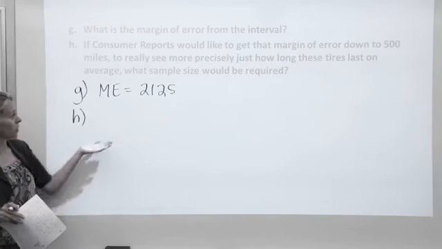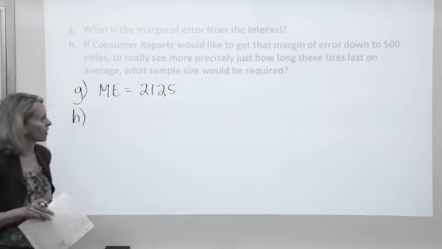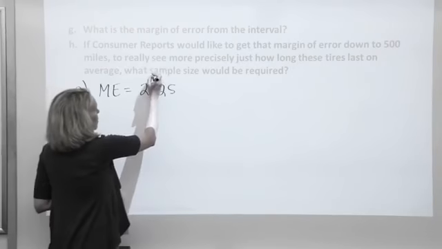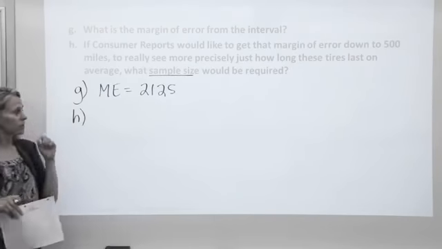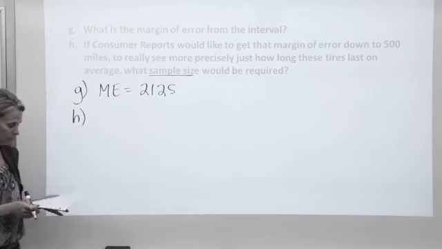So we had sampled 20 tires. I'm sure we're going to have to sample more. But let's figure out what the sample size would need to be. So this question's not get a confidence interval, not do a hypothesis test, but what size sample do we need?